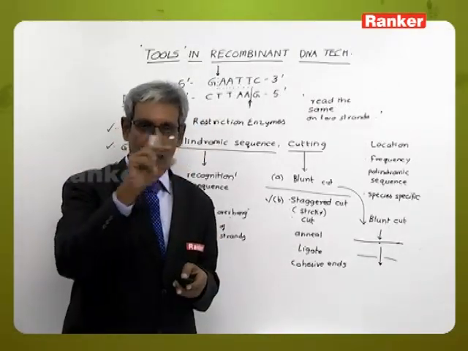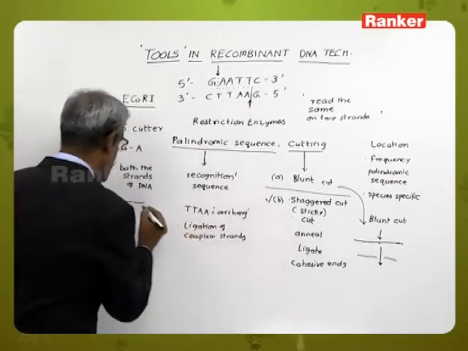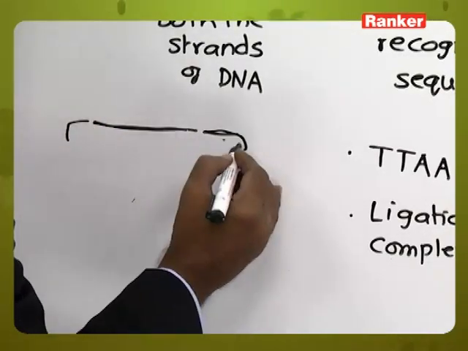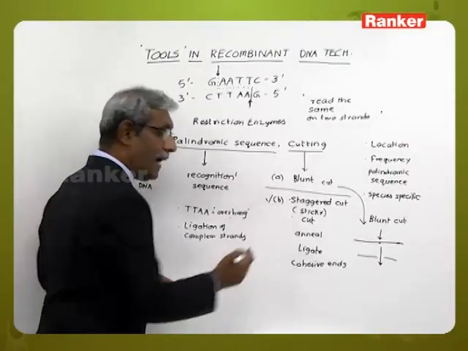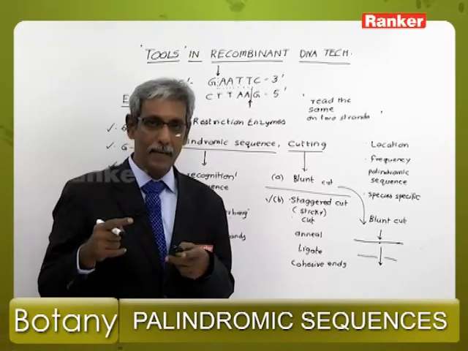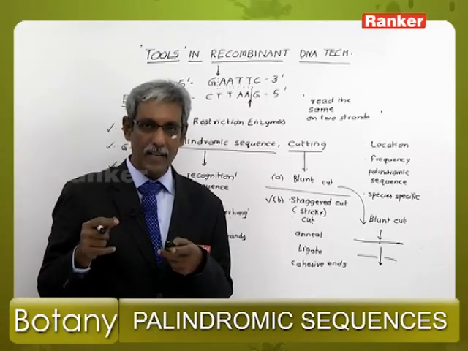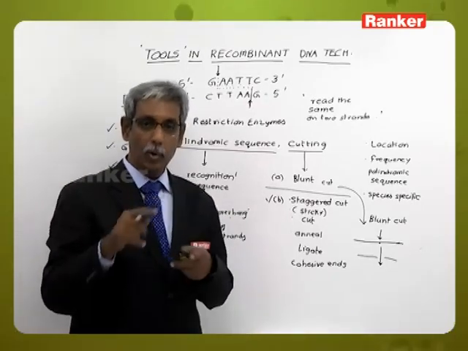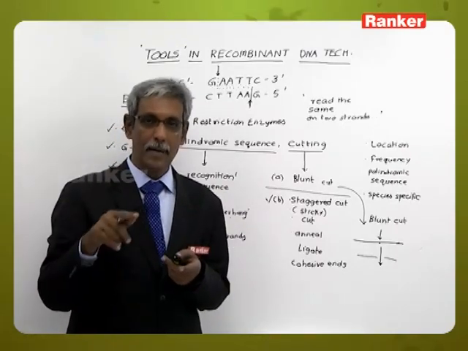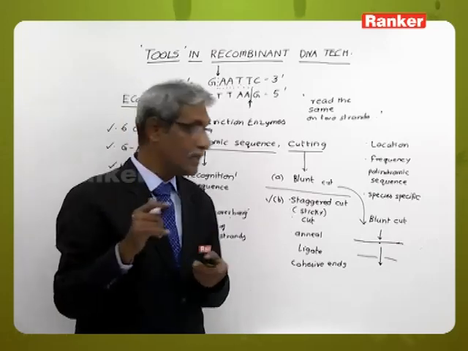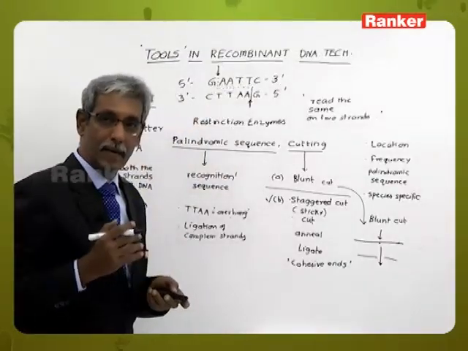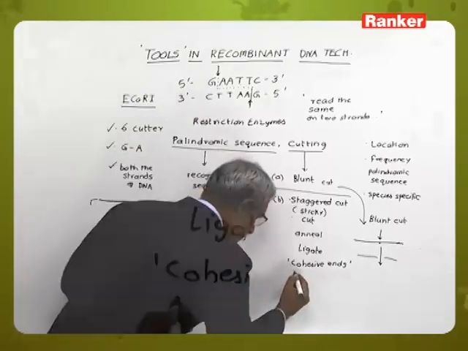So when your DNA piece has an overhang, these overhangs are like adhesive tapes, and they can anneal and rejoin. They can form rounded molecules because of the presence of cohesive ends. The meaning of the term cohesive ends is joining ends.